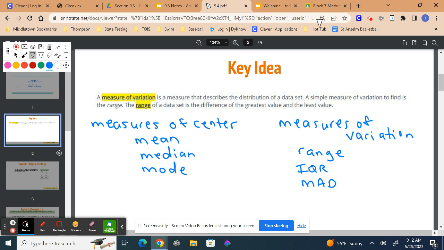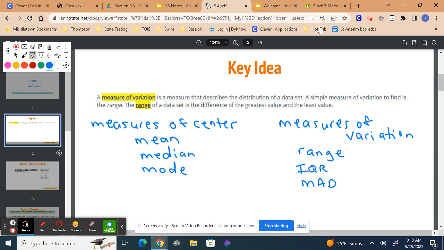So these are your different types of measures. Measures of center, which are mean, median, and mode, talk about the center of your data. Measures of variation talk about the data distribution, how much your data varies from your largest to your smallest, things like that.